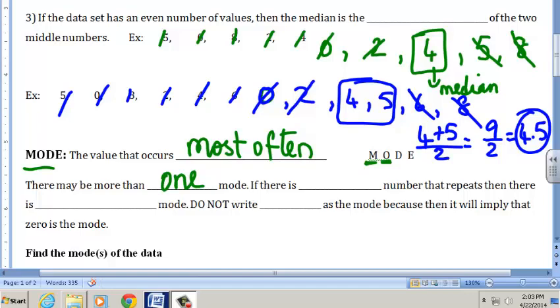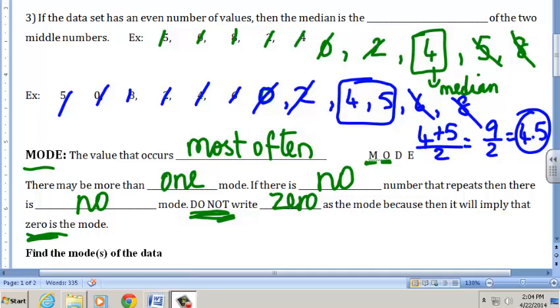Sometimes there might be 2, but there cannot be 4 or 5 modes. Then there's really no point. If there is no number that repeats, then there is no mode. Do not ever write 0 as the mode when there is no mode, because then it will imply that 0 is the mode. Okay, that's a common mistake.